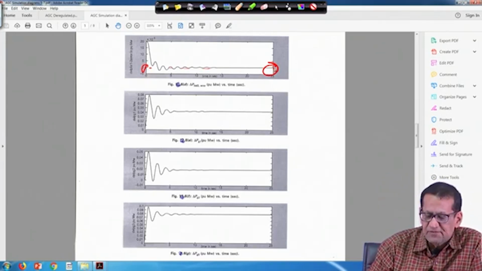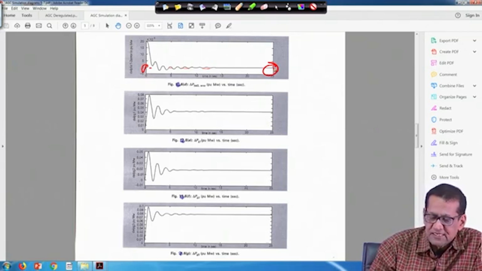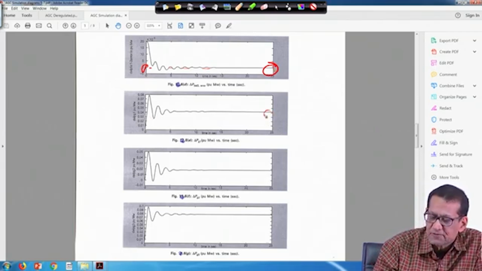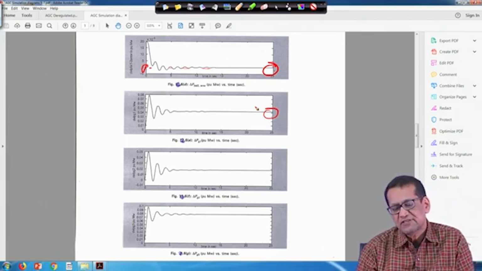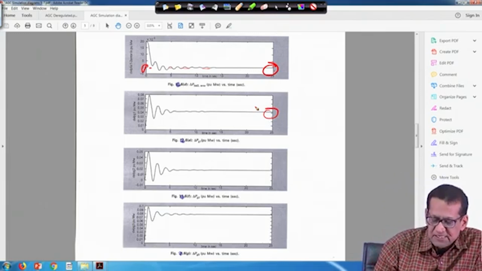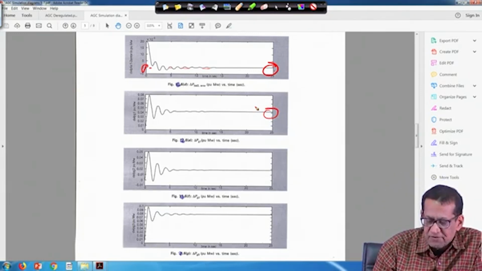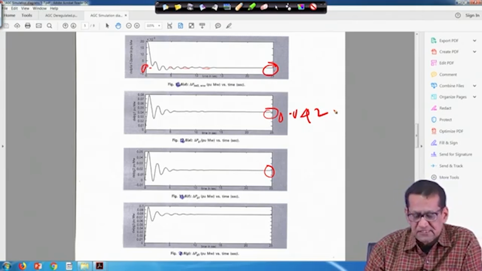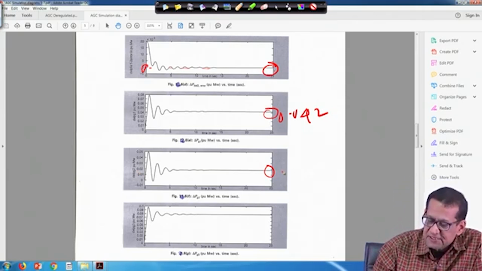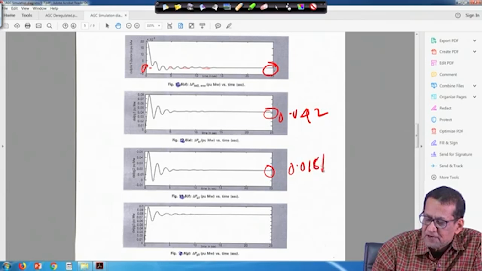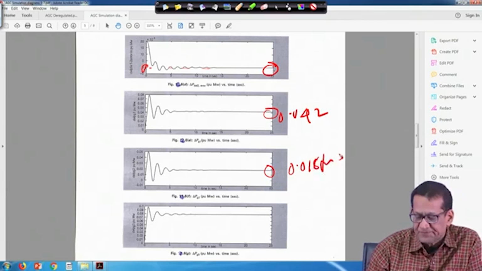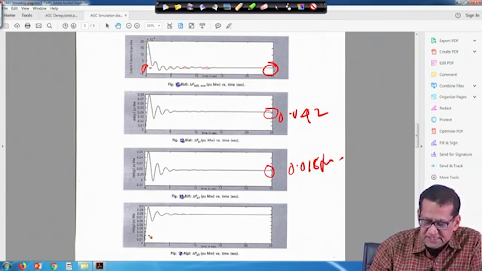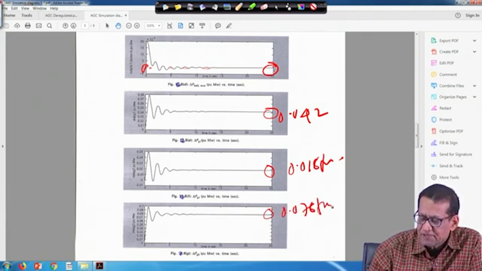Now, if you see the generation delta Pg1 in per unit megawatt, it is 0.042 at steady state. So, it is coming, right. Similarly, delta Pg2 per unit megawatt is 0.018, right, and similarly delta Pg3 at steady state is 0.078 per unit megawatt.